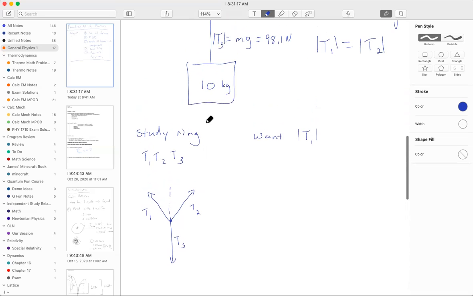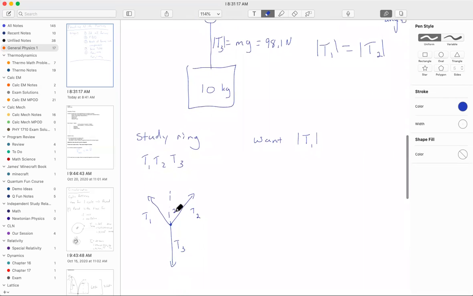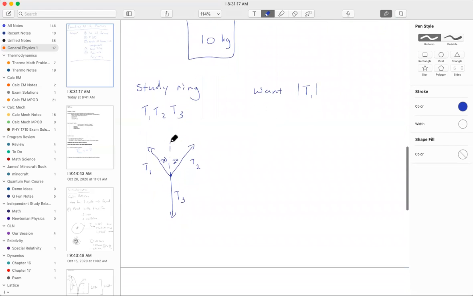And I've got this angle here, so let's write that. That's 20 degrees. Very good. Now, this is what I'm trying to find. The other thing I know is that this isn't moving. It's stationary.